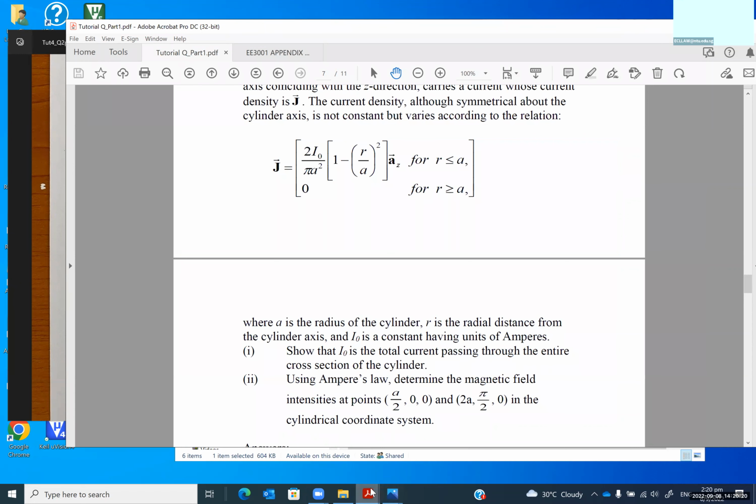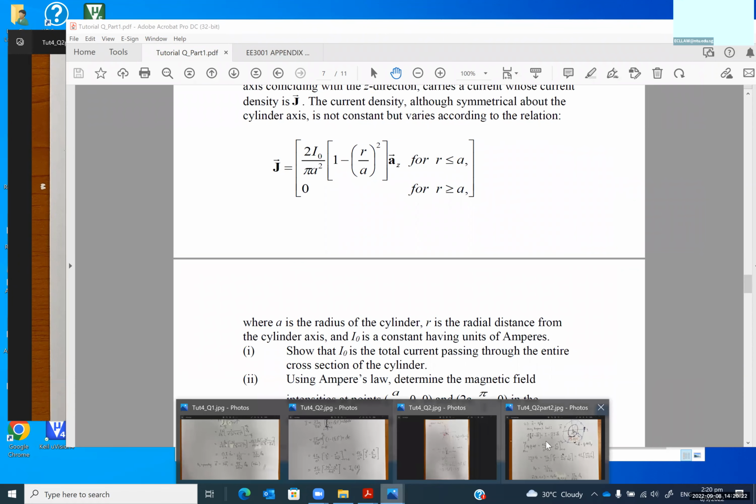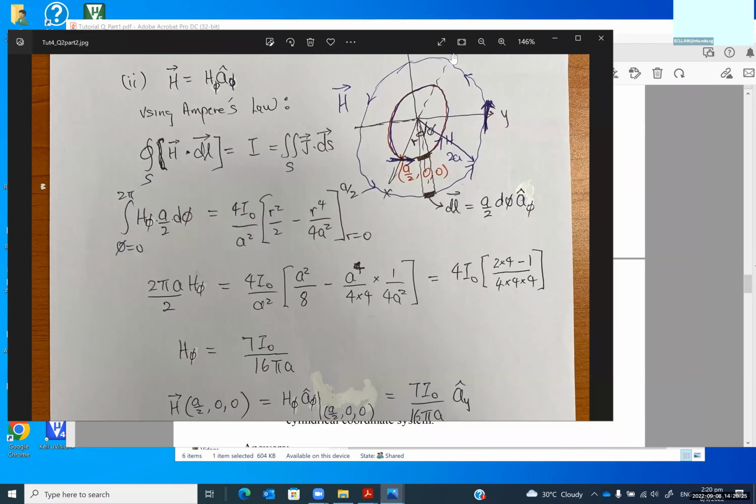Same again, we're going to use Ampere's law, which means we need to draw a path that passes through that point. Where is the point we're interested in? We draw a circle of radius 2a. So this blue circle is radius 2a. Phi equal to pi by 2, so you go from the x-axis towards the y direction by 90 degrees, and you end up here. That's the point.